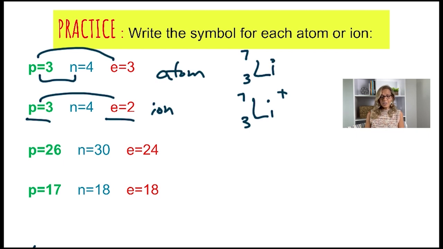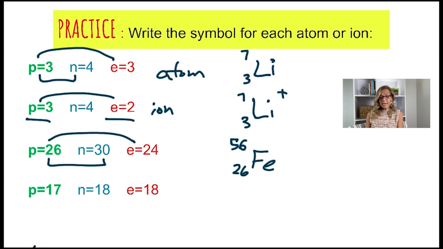The next one is 26 protons. I got to look that one up. 26 is iron. So iron has a symbol of Fe, and let's put the 26 here. And let's go ahead and get our mass number. Protons plus neutrons gives me a 56 here. Now, is it an atom or an ion? We're going to compare the protons and electrons.